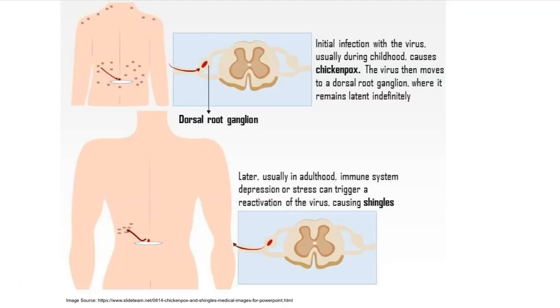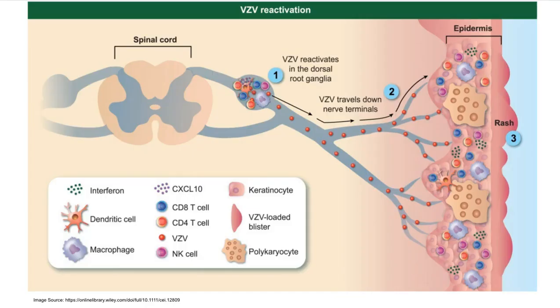Despite a robust immune response and the eventual disappearance of acute symptoms, VZV is never completely eliminated. The virus remains in neurons in the dorsal root ganglion, where it can lay dormant for decades. During reactivation, the virus travels from the sensory ganglia to the skin nerve terminals, where it infects and replicates.